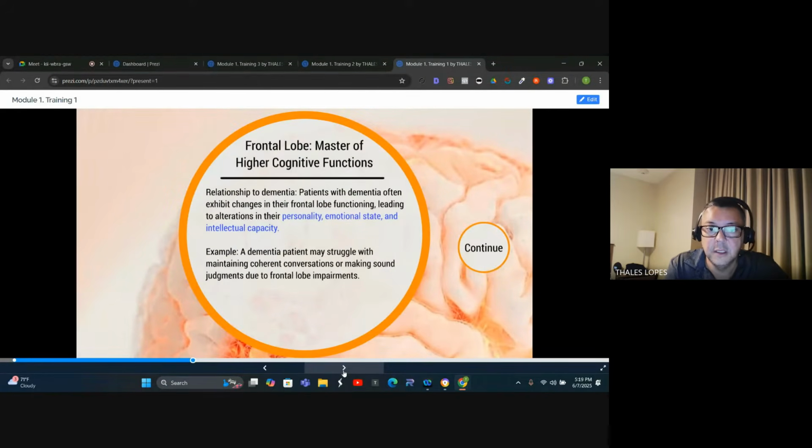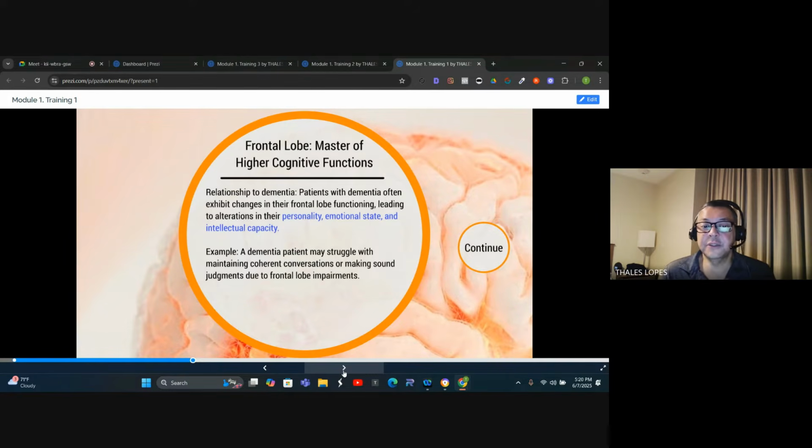Right? So, if you think of amnesia, dementia, patients with dementia often exhibit changes in the frontal lobe, leading to personality, emotional states, and intellectual capacity being damaged there, right?